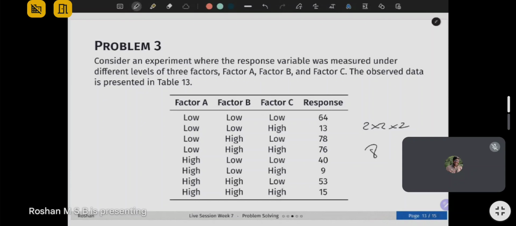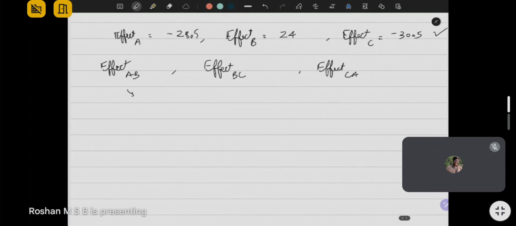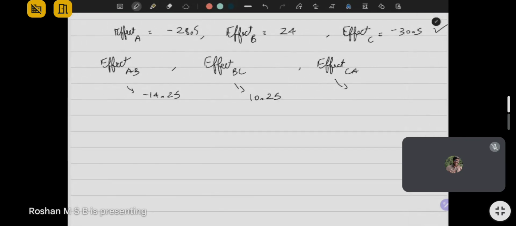The effect AB is minus 14.5. BC is 10.5. And AC is minus 4.